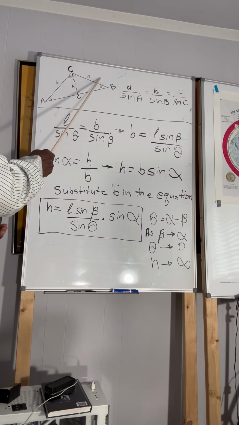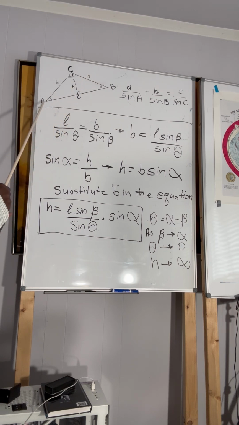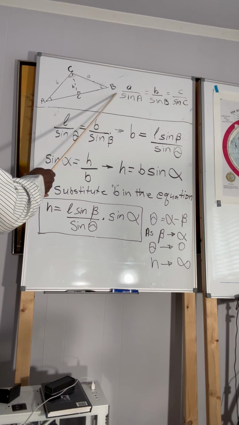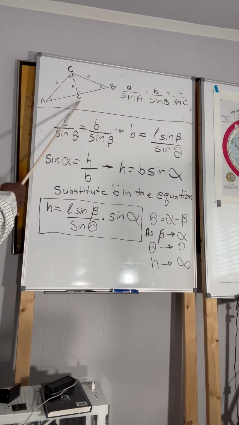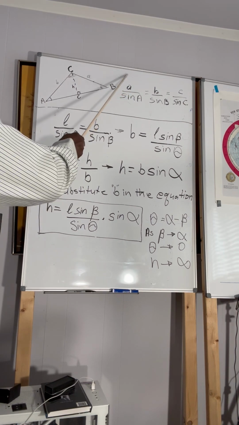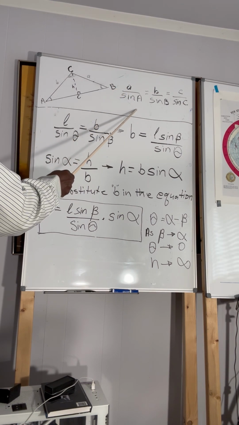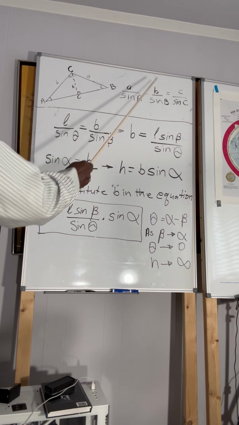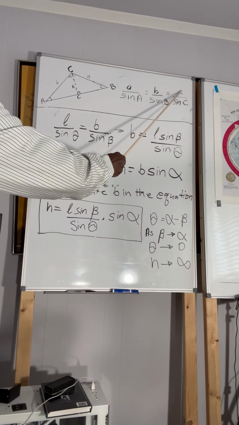So this is a because it's opposite to A. This is b because it's opposite to B. And this is c because it's opposite to C. The formula is a over sine A is equal to b over sine B, and it's equal to c over sine C.